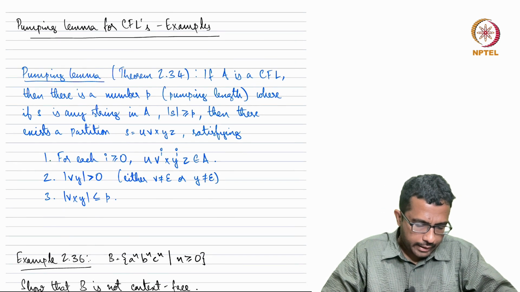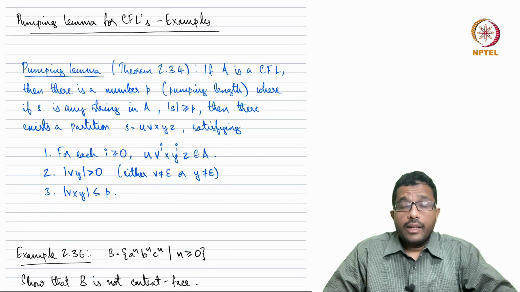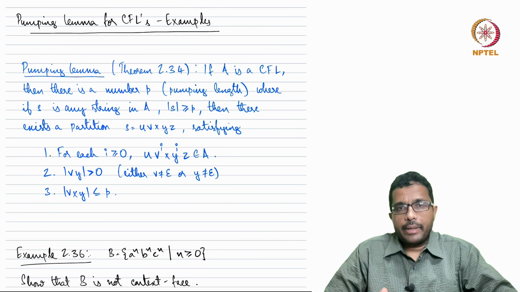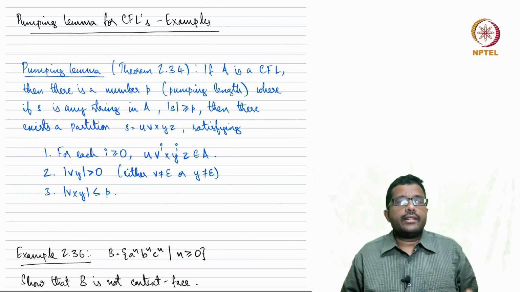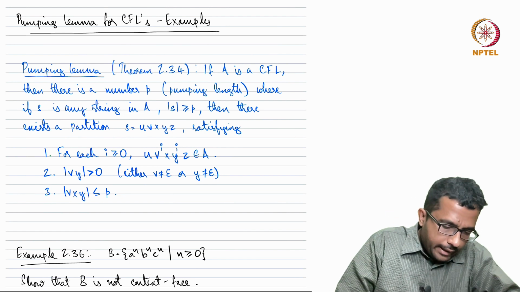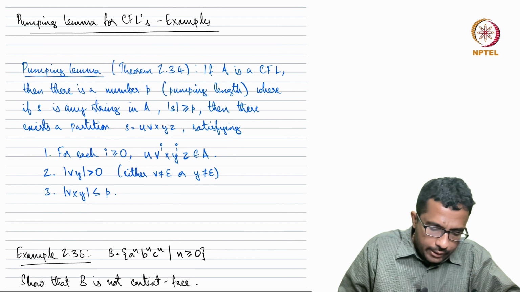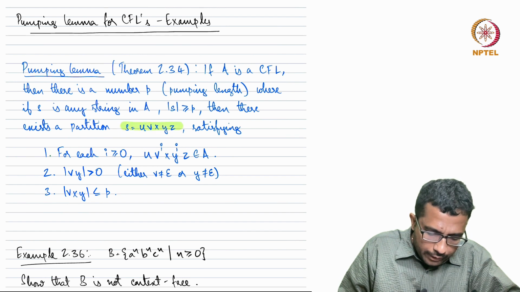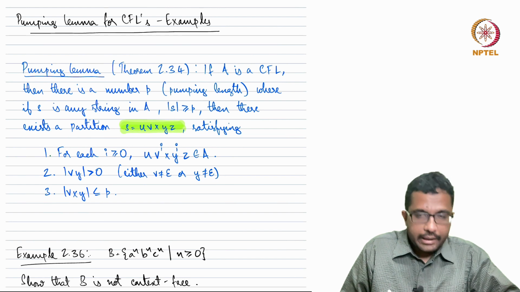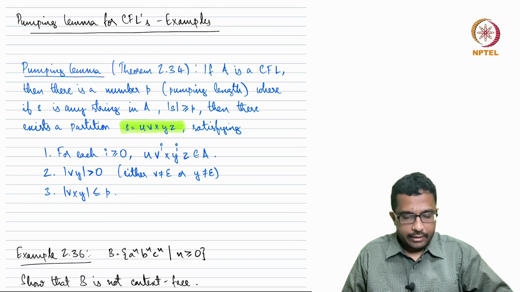So just to recap, the statement is that if A is a context-free language, then there is a pumping length p, such that if you take any string in A which is of length at least the pumping length, we can divide the string into 5 parts u, v, x, y, z, such that the below 3 conditions are satisfied. So what are the 3 conditions?